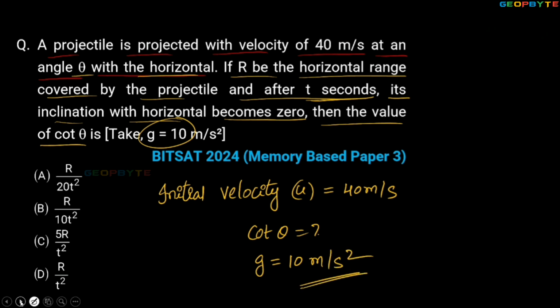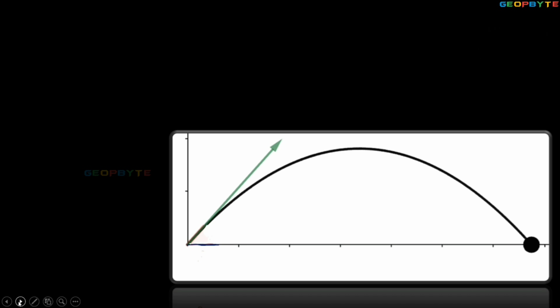For that, let us take the projectile motion. Look, the projectile is moving in this particular direction with a velocity u, making an angle theta with respect to horizontal. As you know, if any object is making an angle theta with respect to horizontal, it develops two components of velocity.